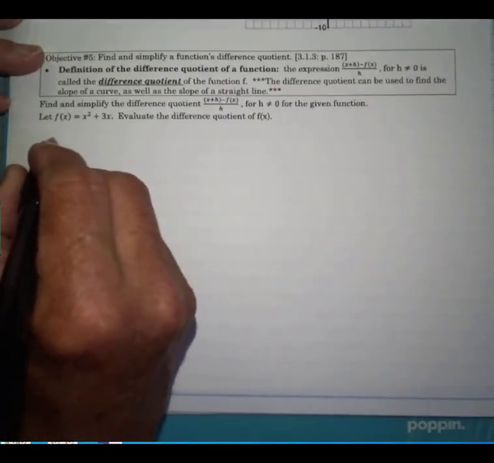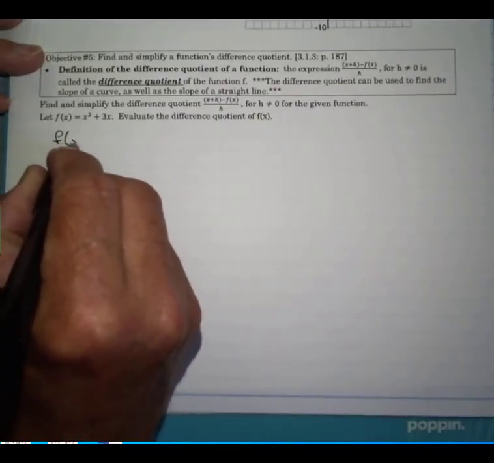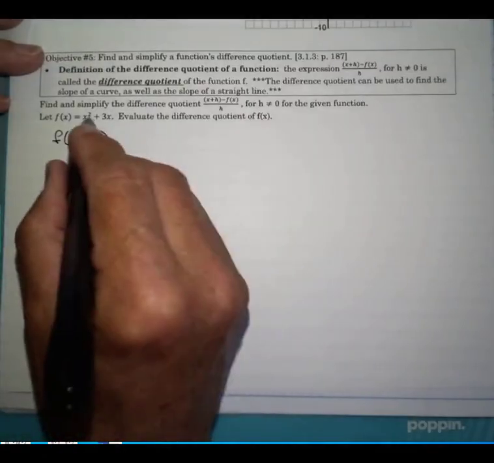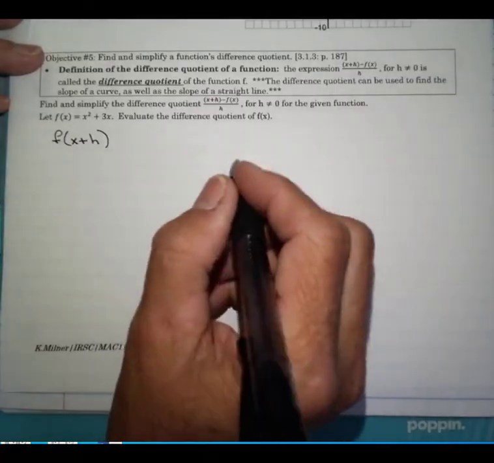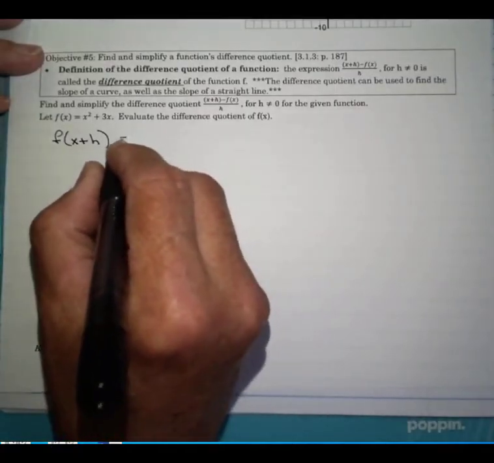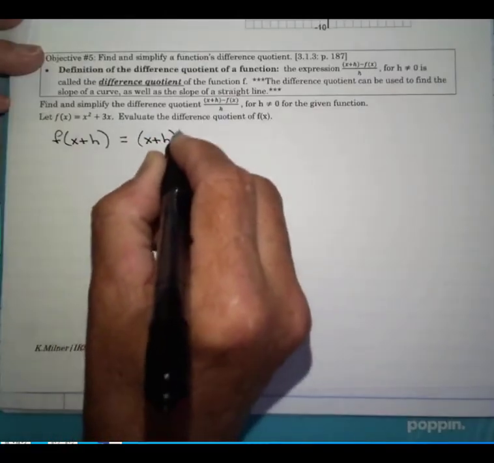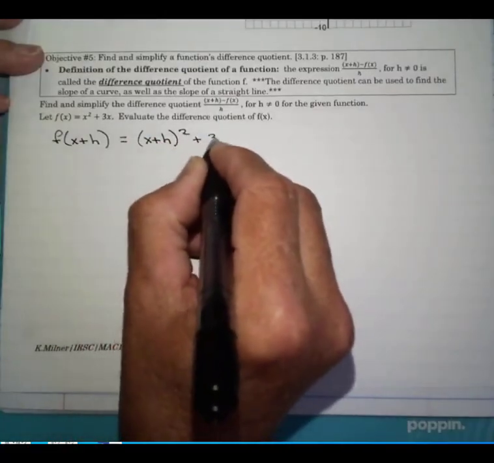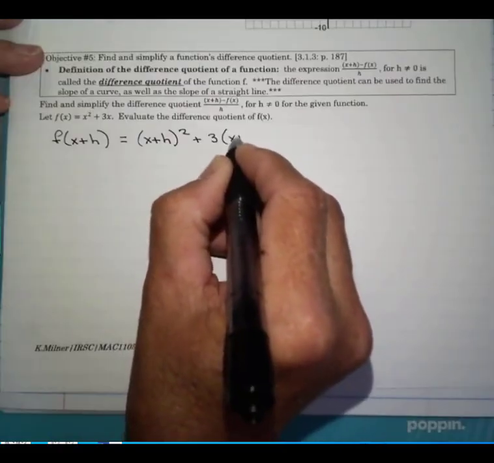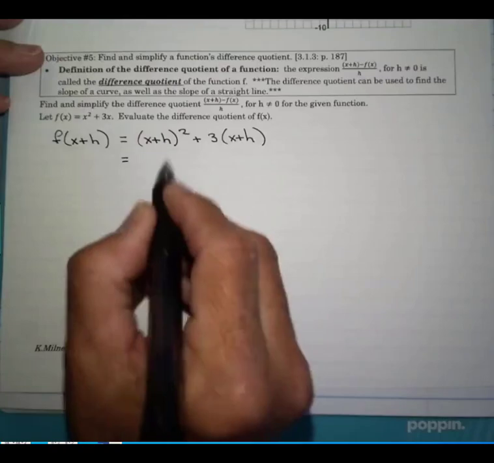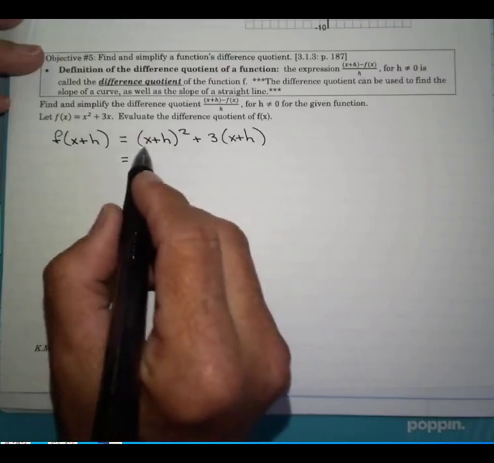What I have to do first, though, is find the function of x plus h. So for every x in this equation, I'm going to plug in x plus h. So this is going to equal x plus h, and of course that would be squared. And then I would take 3 and multiply it times x plus h. When I do this one, it's going to turn out to be a perfect square trinomial, and I know the rules for that.